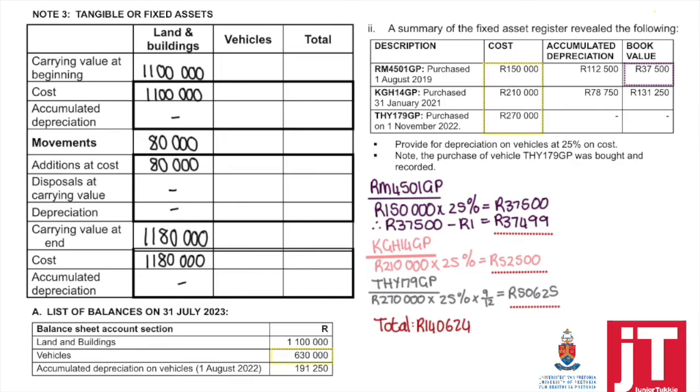To calculate the total depreciation, we need to add all of that together. That equals 24. So just what do you need to be careful of?